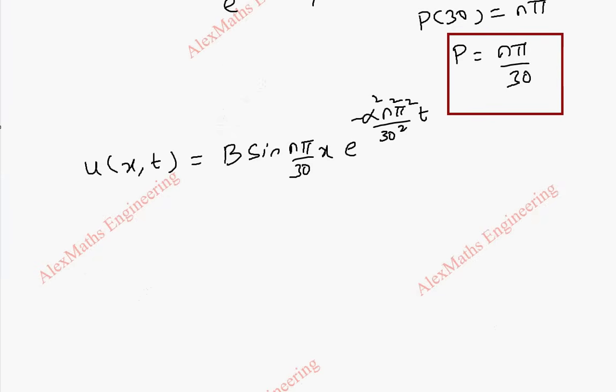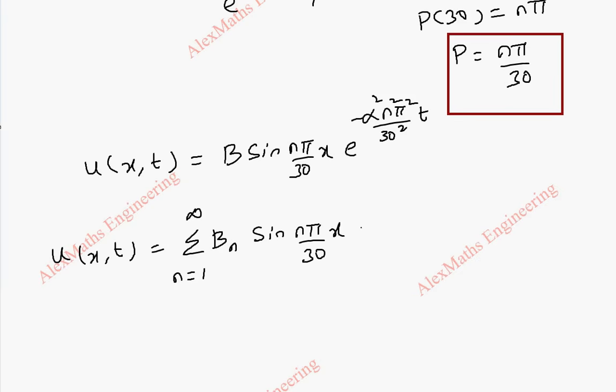Thus we got our general solution, which is u of x comma t, and we can write this as a summation from n is 1 to infinity bn, constant b is written as bn. We have sin n pi by 30 x e power minus alpha square n square pi square by 30 square into t.